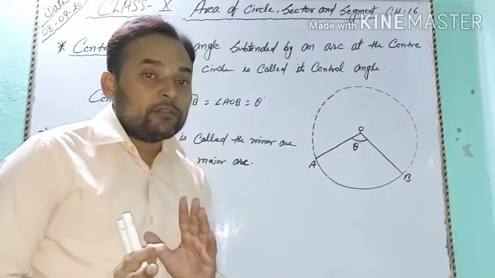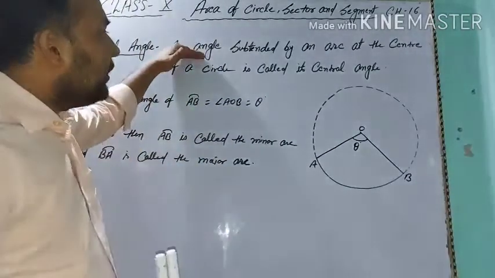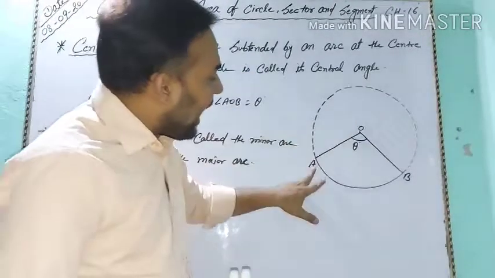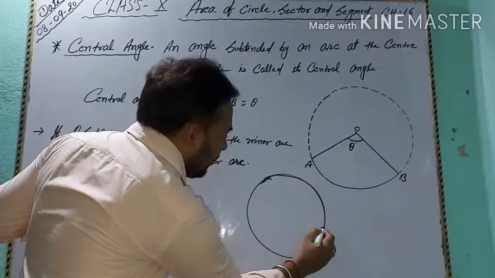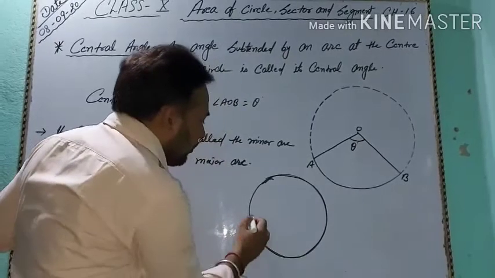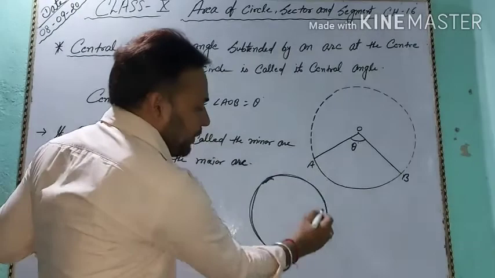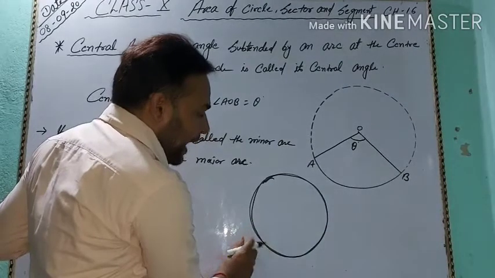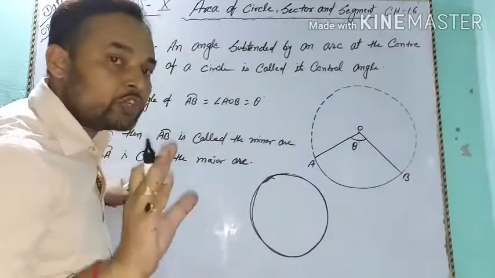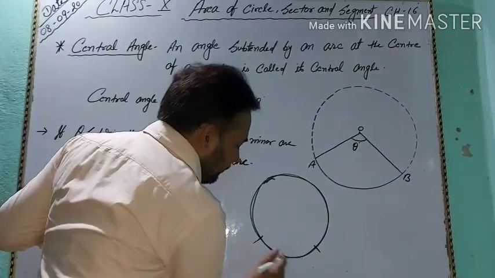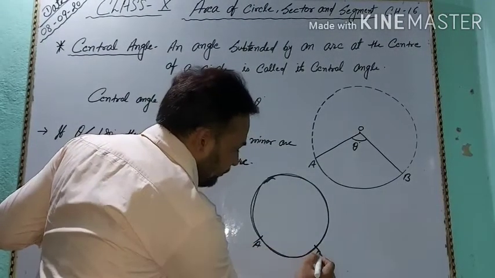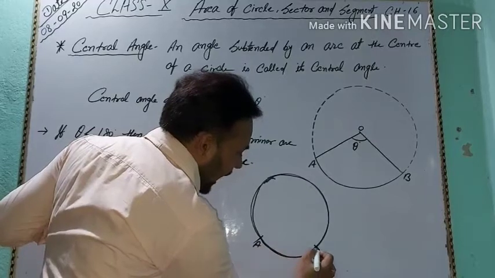An angle subtended by an arc of a circle. This is the circumference of the circle, and a part of the circumference of a circle is called an arc. So students, here AB is the arc.